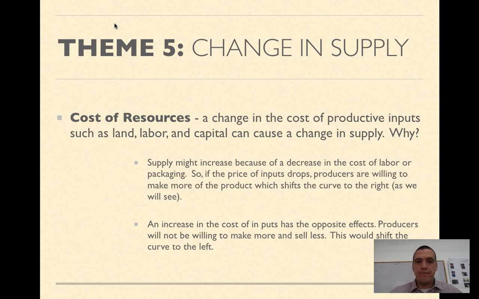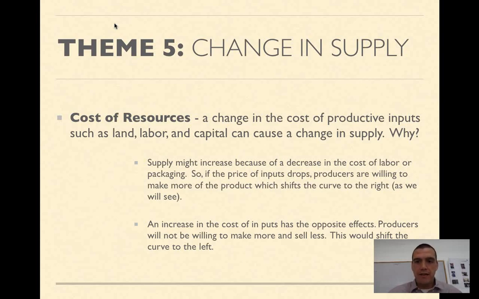So an increase in supply, as you'll see, will be a shift to the right. However, as with most things in economics, the opposite is always true. So an increase in the cost of inputs, and there's a typo there on the PowerPoint, sorry about that, would have the opposite effect.